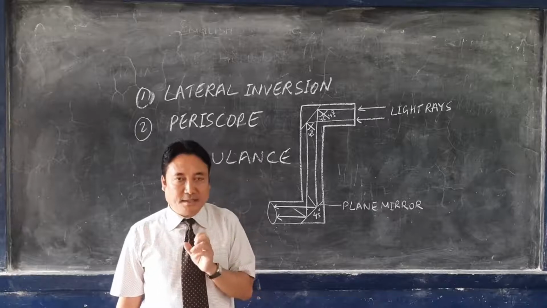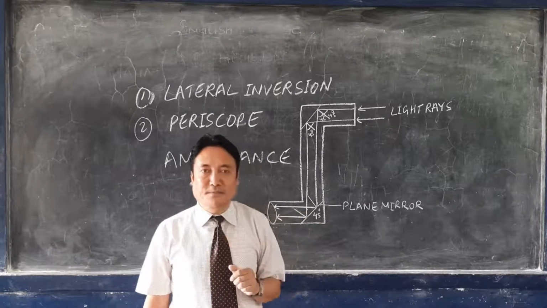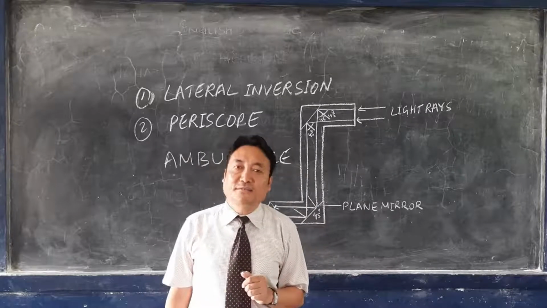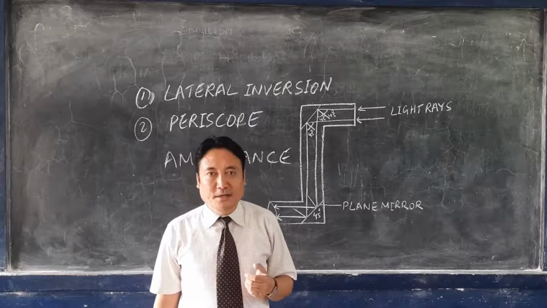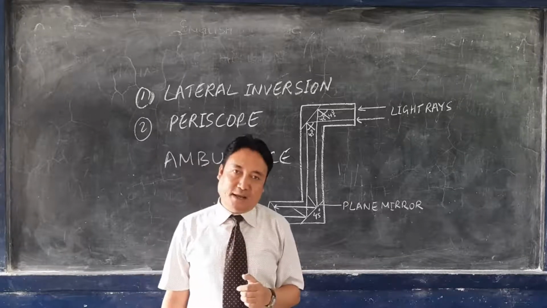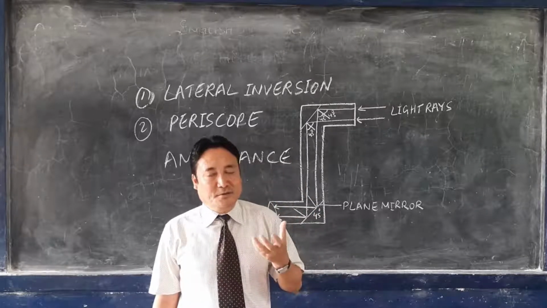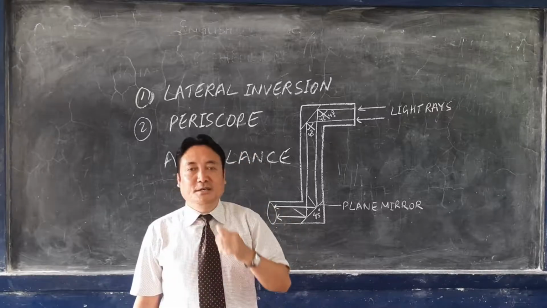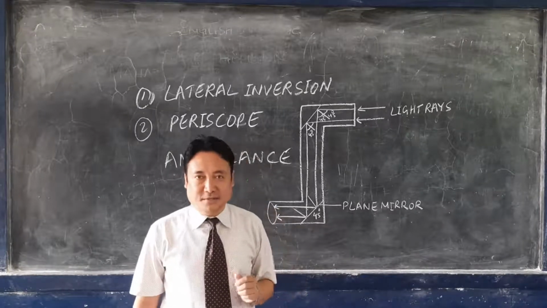When you stand in front of a plane mirror and raise your left hand, the image you see seems to have raised the right hand. You are actually raising your left hand, but in the image you see a raised right hand. That is lateral inversion.